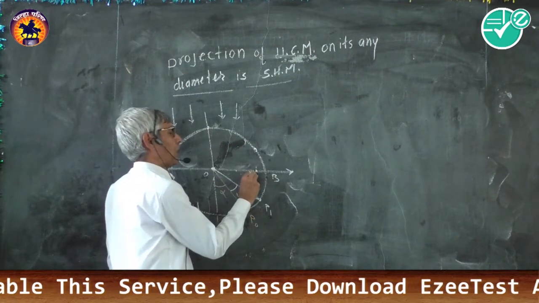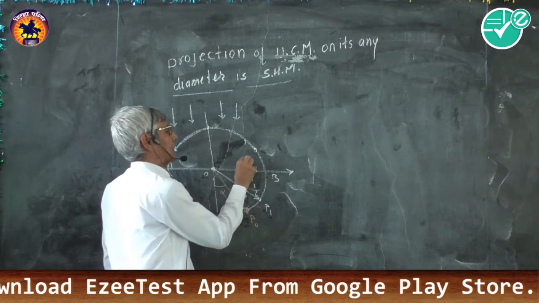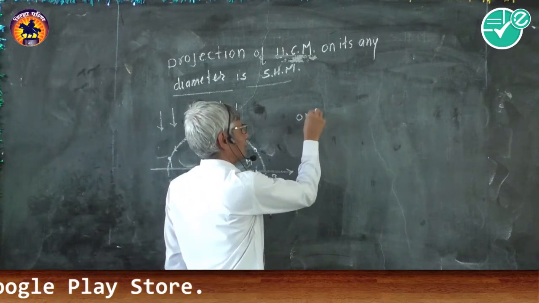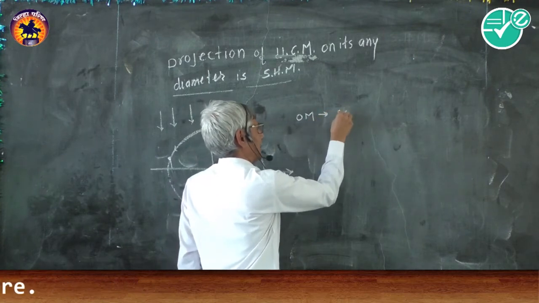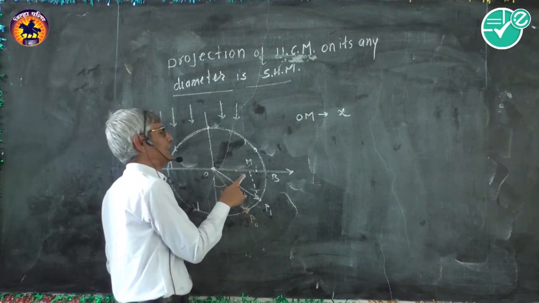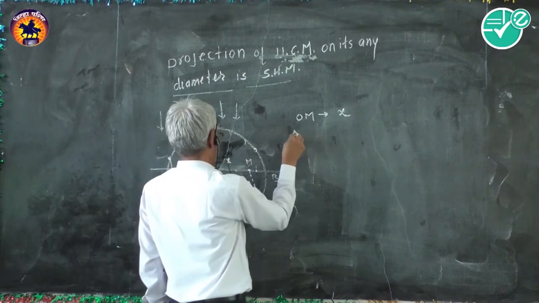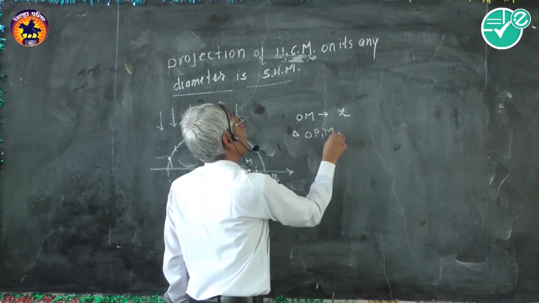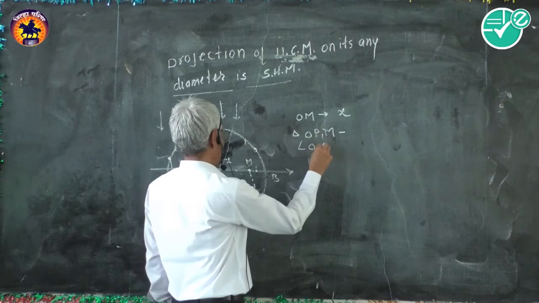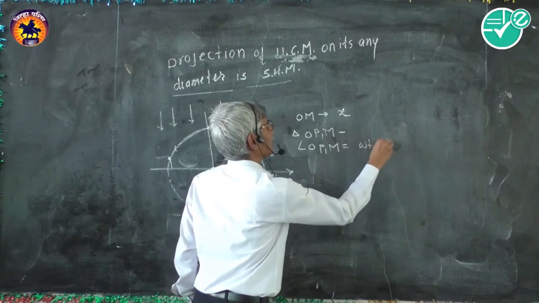The projection of the particle at point P1 on the diameter is say M. Then OM represents the displacement x of the particle from the mean position whenever the projection is at point M. The triangle OP1M is a right angle triangle in which the angle OP1M is equal to omega t plus alpha.